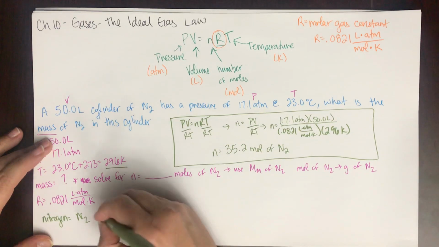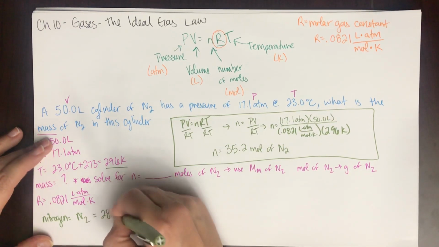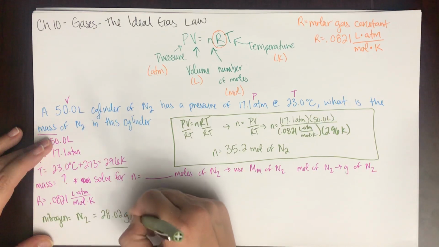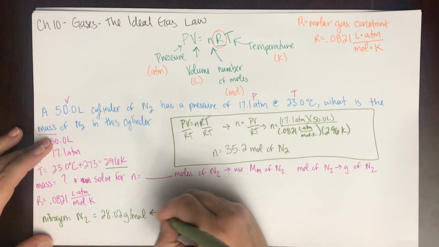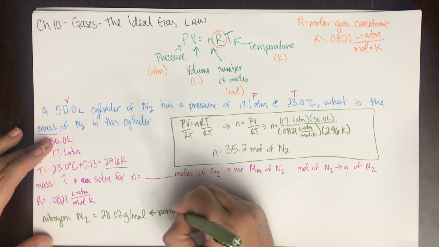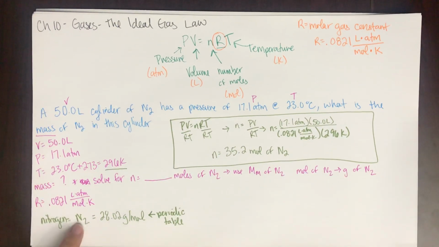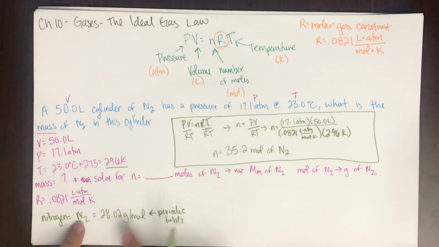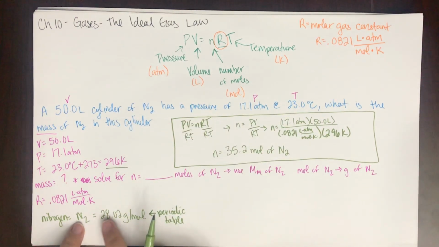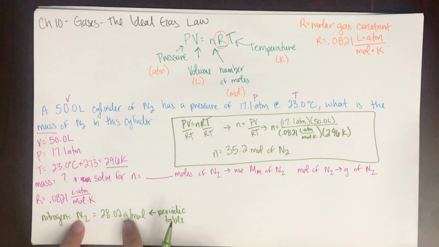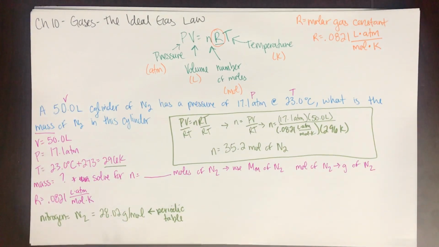So that means the molar mass of N2 is 28.02 grams per mole. This just comes from the periodic table. The molar mass of nitrogen, just one nitrogen, is 14.01, and I have two of them. So the molar mass of nitrogen, the gas, is 28.02 grams per mole.